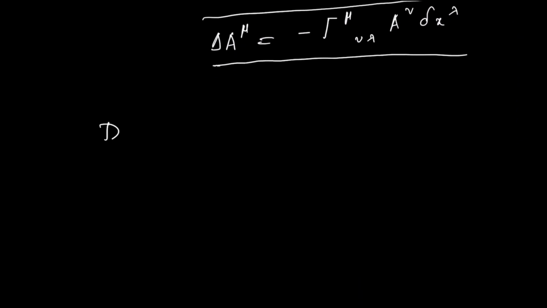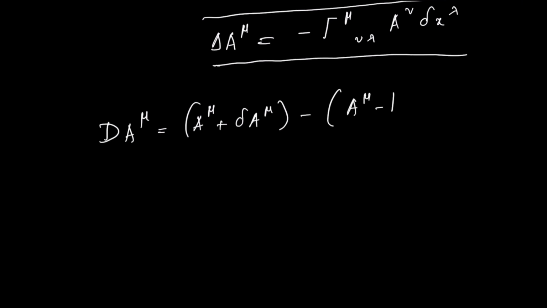Now I can substitute in the difference. The difference dA mu is given by A mu plus delta A mu minus A mu minus Christoffel symbol mu nu lambda A nu delta x lambda. Once you get the difference, the next step is to compute the differentiation.